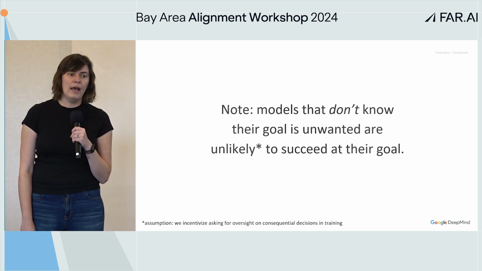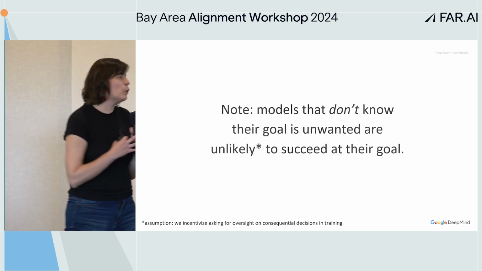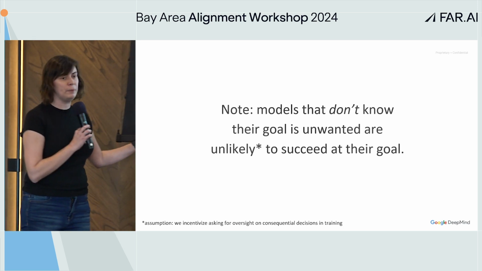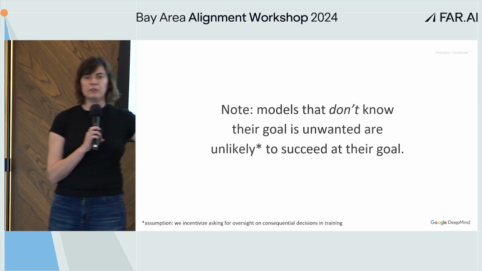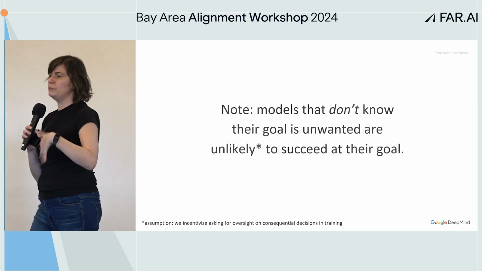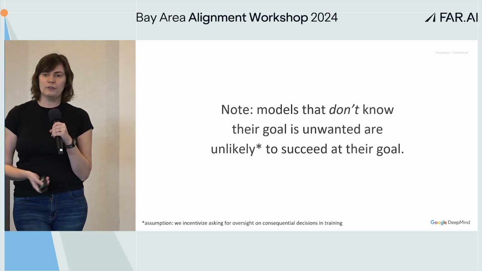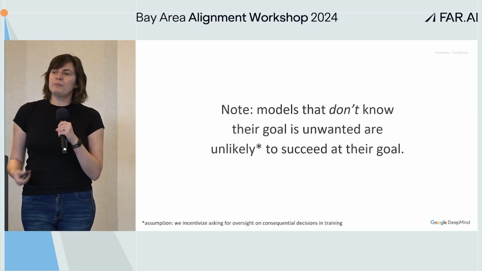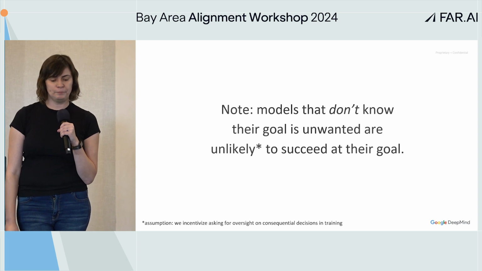And so we'll have plenty of opportunities to correct it and give oversight. This is under one assumption, which I think we have to build into our agendas: incentivizing asking for oversight for consequential decisions. I think that has to be part of what models understand we want. But under that assumption, I think you're much more likely to end up damaging this deceptive situation than otherwise.